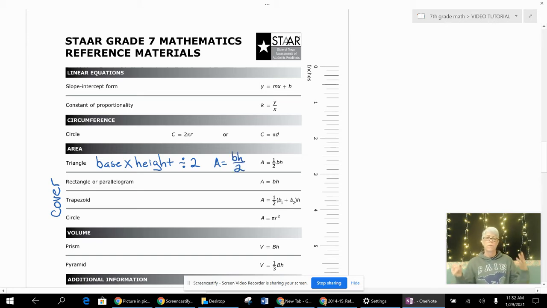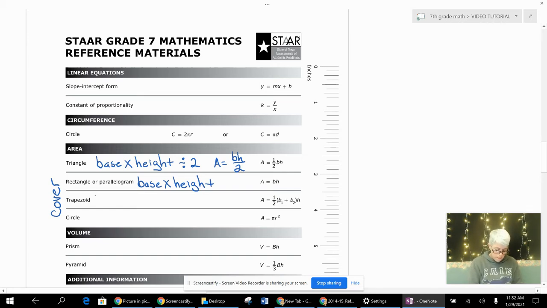So this is just a way for your brain to wrap around it because some students are still kind of foggy in this area. The rectangle, A equals BH, this is base times height. If you have written that down, please write it down right now.